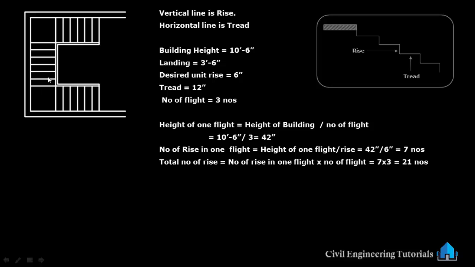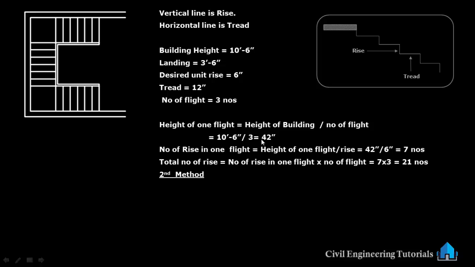So in one flight, number of rise is 7 numbers, and in 3 flights it's 21 numbers. Between 2 risers there is 1 tread.